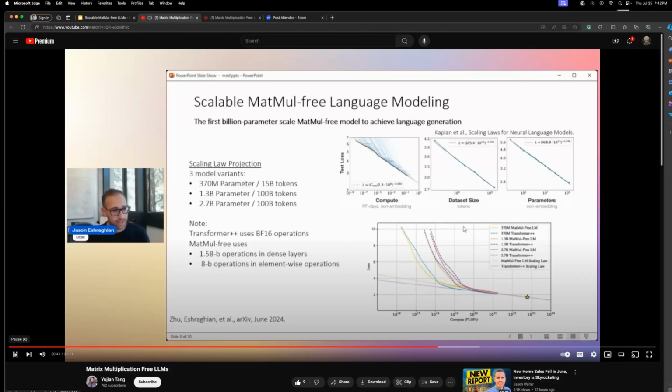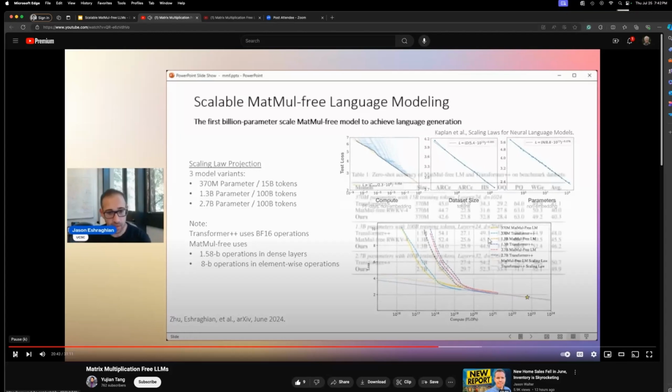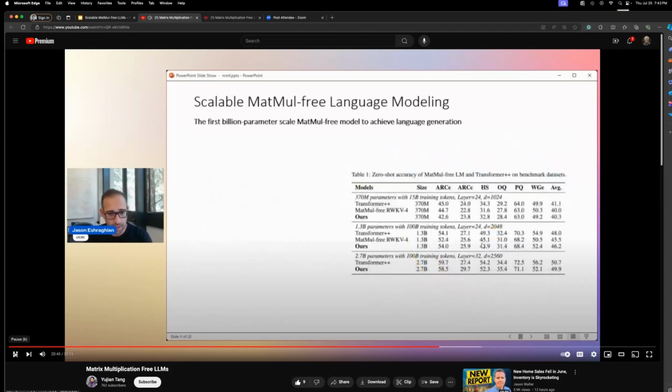So that's what I want to say about the scaling law. With that being said, let's go into some of the results that we achieved. On this slide, we see the zero-shot accuracy of our model versus Transformer++ on a set of benchmark datasets. As the model scale gets larger, in the top cluster we have the 370 million parameter model, and in the bottom cluster we have the 2.7 billion parameter model.